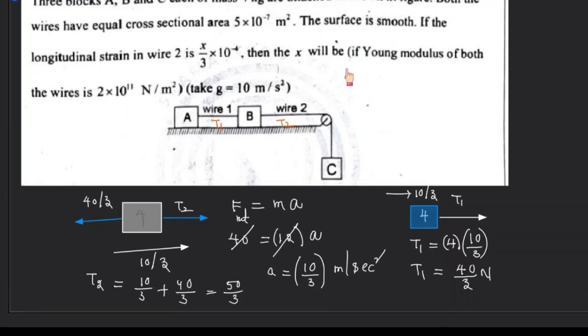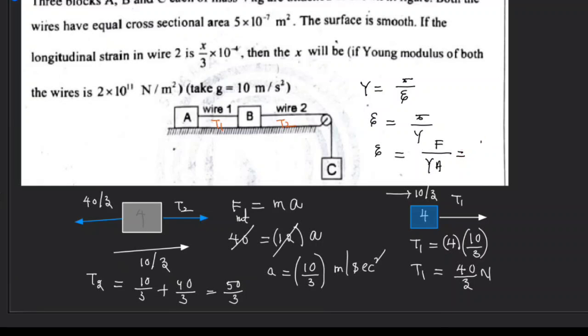Now we could directly say, you have to find out the epsilon here, right? Young's modulus can be written as stress by strain. Strain equals stress by Young's modulus, right? Stress can be written as force per area. Therefore, strain is force per area, Y into area.